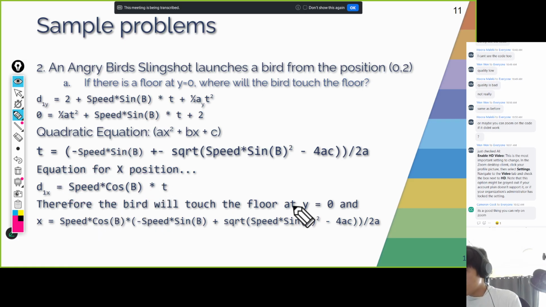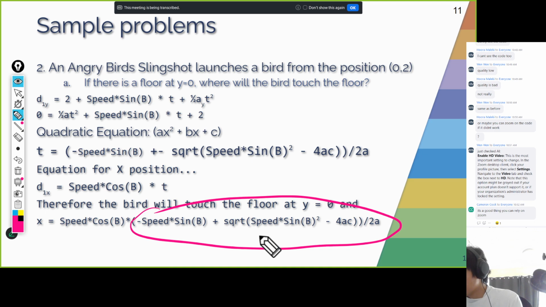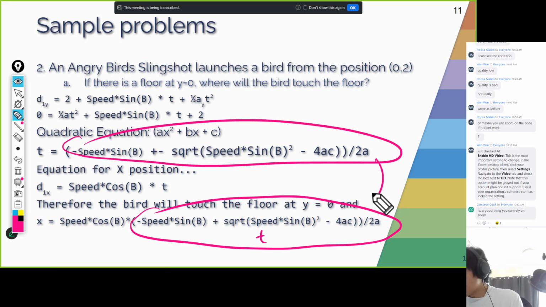And then we know that the y position is 0, and the x position is going to be that. If you already solved for time, then all of this is just time. It's just this stuffed into there, right? It's time.